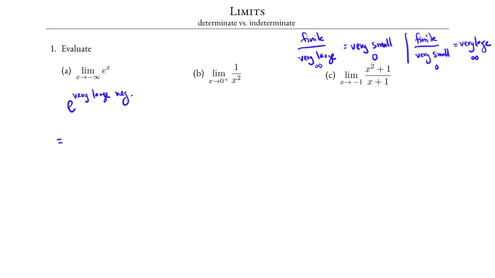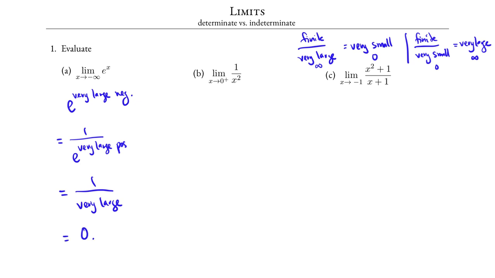This is the same thing as 1 over e raised to a very large positive number now, because the negative power is the reciprocal. But in the denominator, e raised to a very large number is still very large. And so in this case, we have a finite number, 1, over a very large number, which is 0. And so the limit is 0.